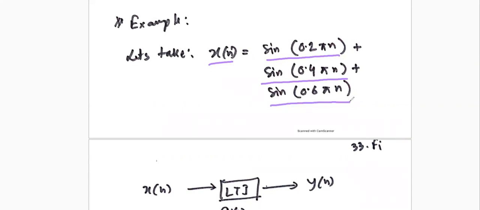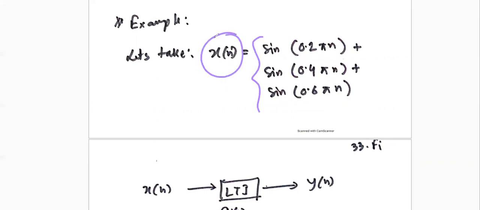You can draw it in proper time scale. Of course, the first frequency is lower than the second one, and the third one is the highest frequency. All together they make our x[n].